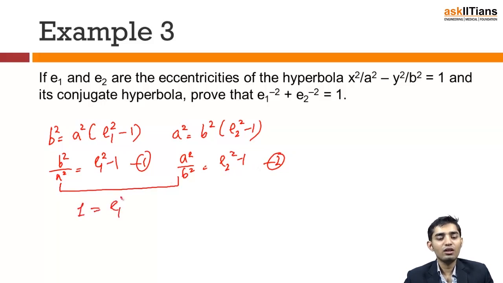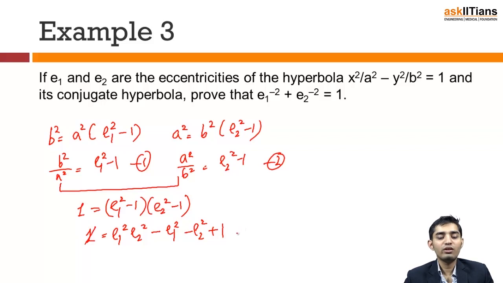So 1 = (E1² - 1)(E2² - 1). Now if you simplify this, basically I will get E1²E2² - E1² - E2² + 1 equal to 1. So this 1 will get cancelled, and from here basically you will get E1² + E2² = E1²E2².